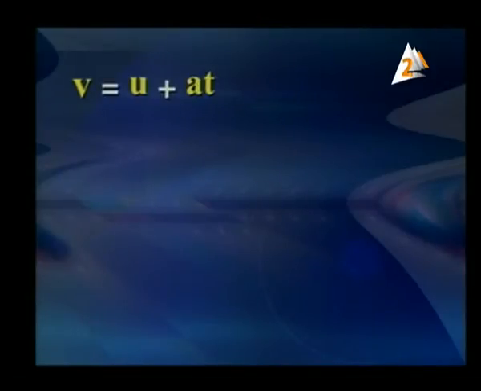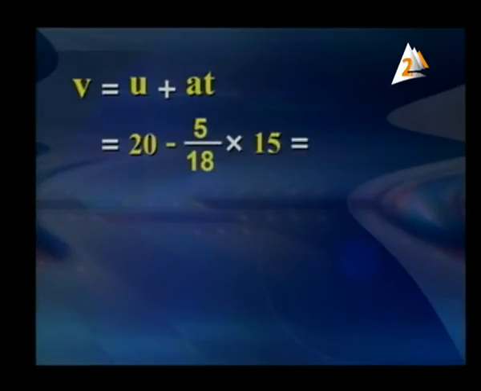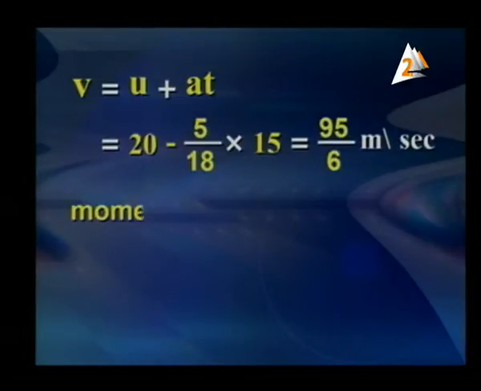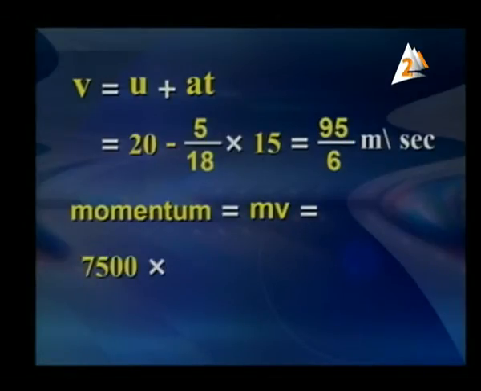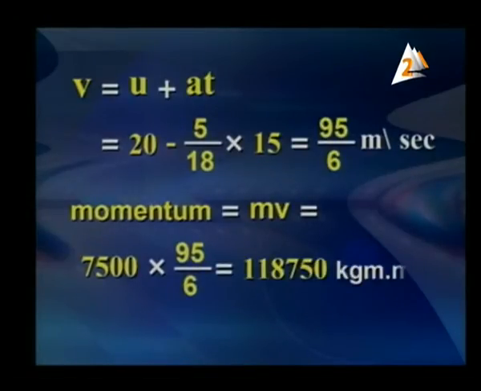So v equals u plus at equals 20 minus 5 over 18 times 15 equals 95 over 6 meter per second. And momentum equals mv equals 7,500 times 95 over 6 equals 118,750 kilogram meter per second.